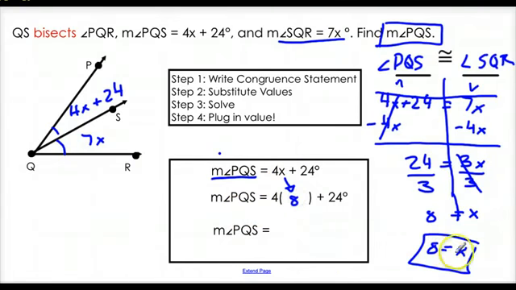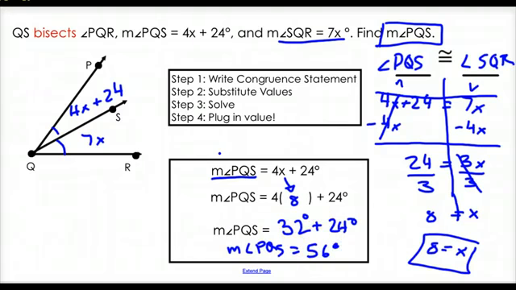Because we know x is equal to 8. We do 4 times 8, which is 32 degrees, plus 24 degrees. And so that means the measure of PQS is equal to 56 degrees. We did it!